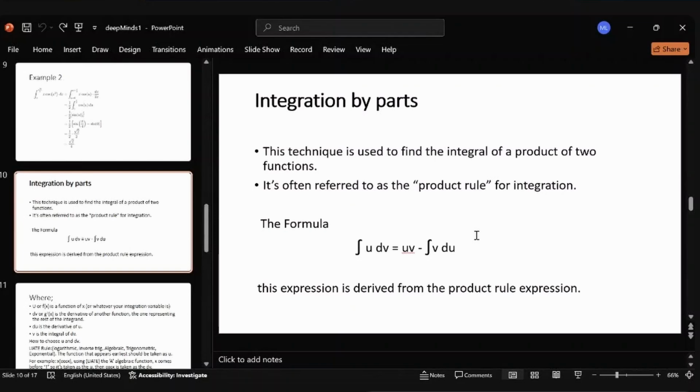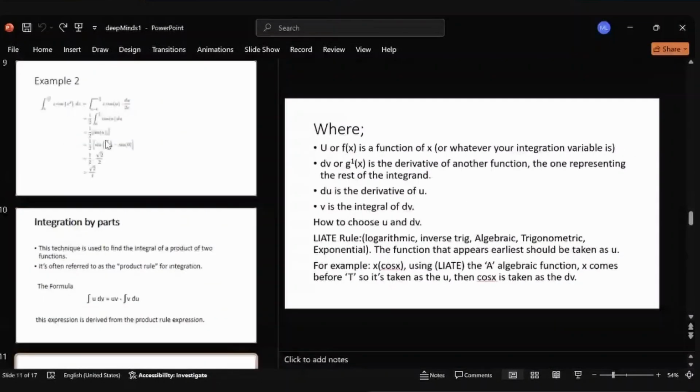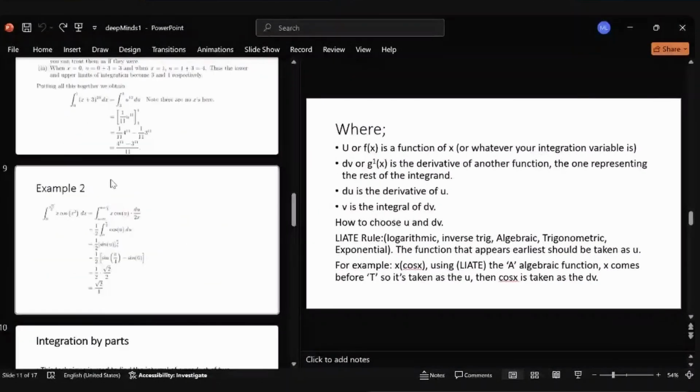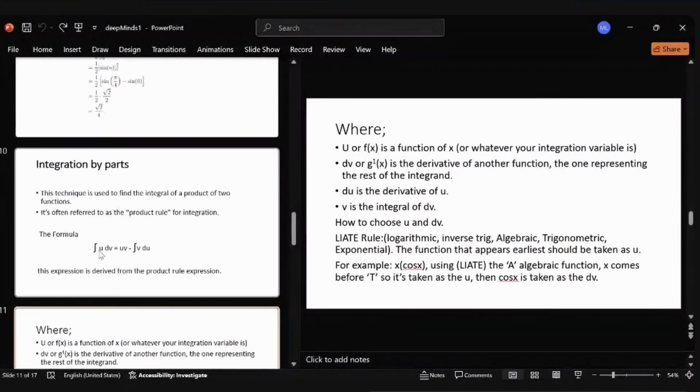This u, or we can call it f(x), is a function of x, or whatever variable we use in the expression that you're trying to integrate. Then the dv, or g prime of x, is the derivative of the other function, or the other part of the integrand.